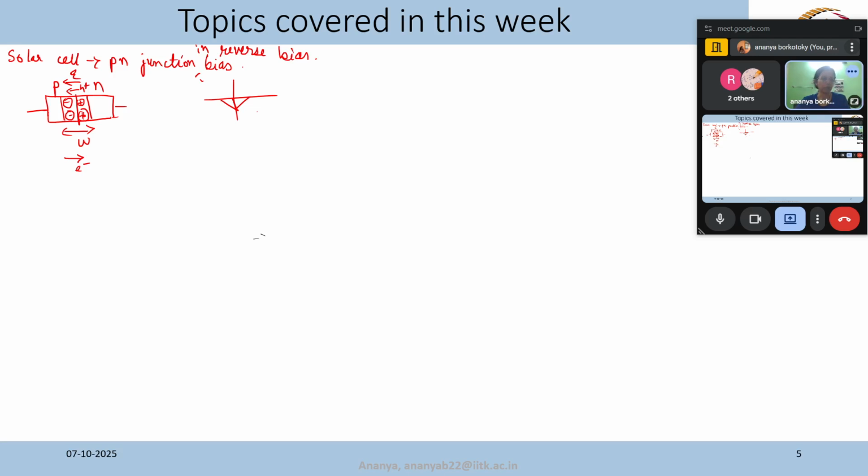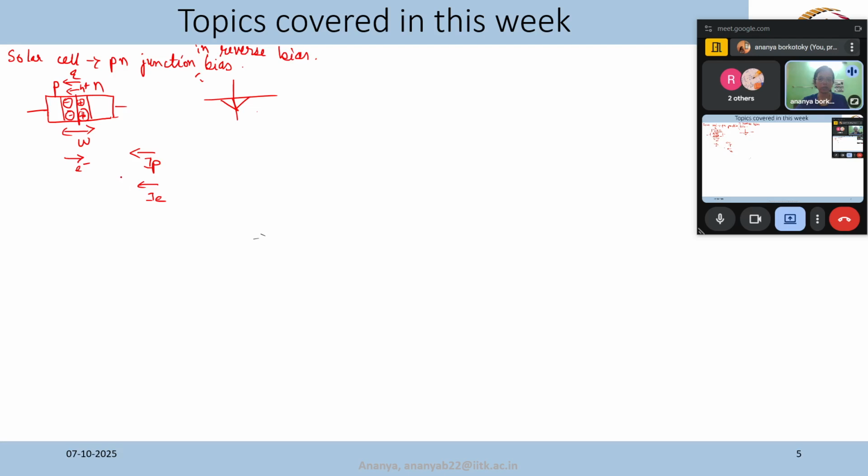Movement of charged particles gives us current. When holes move in this direction and electrons move in this direction, my hole current direction will be like this, and my electron current direction is also this, because by convention the current direction is opposite to the movement of electrons.